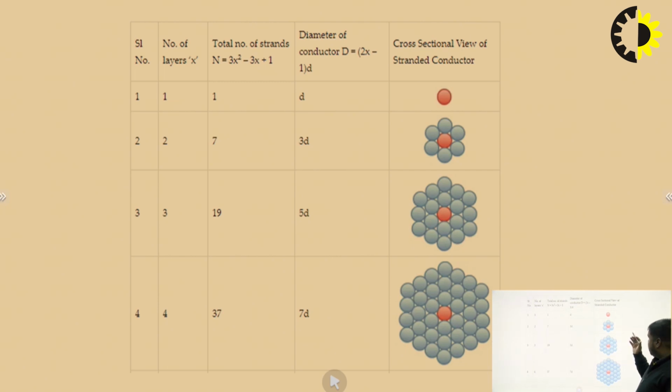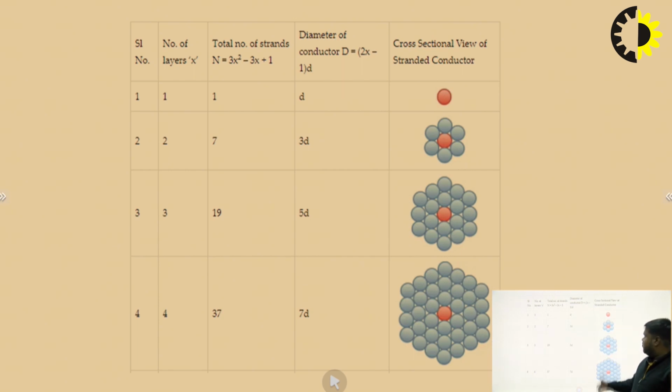So the cross-sectional view of the stranded conductor is like this. If we take the number of layers as 2, then N comes out to be 7, so the diameter of the conductor, capital D, equals 3d.